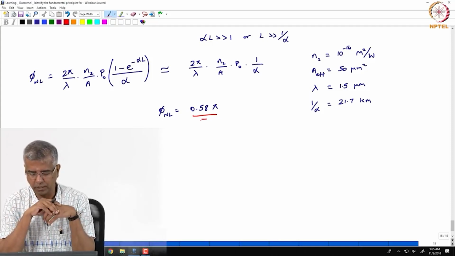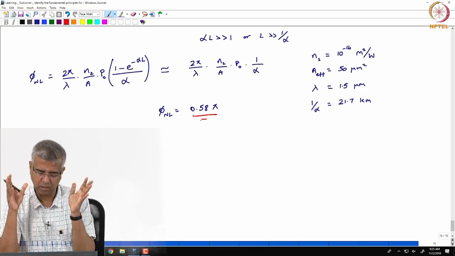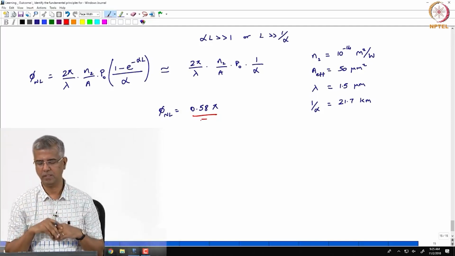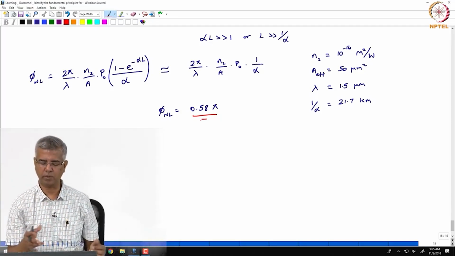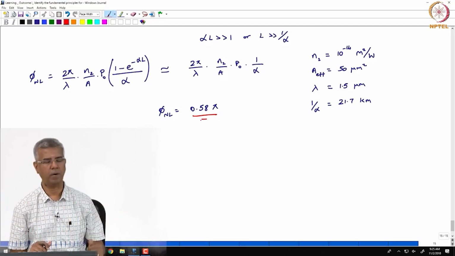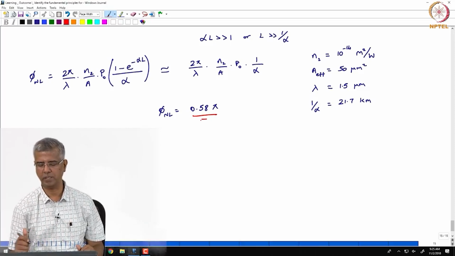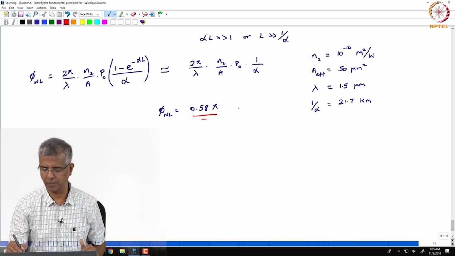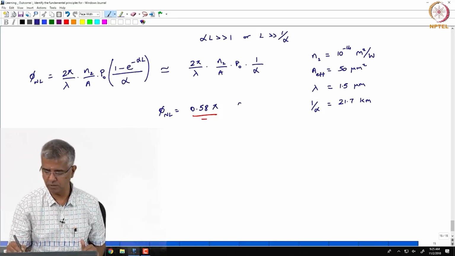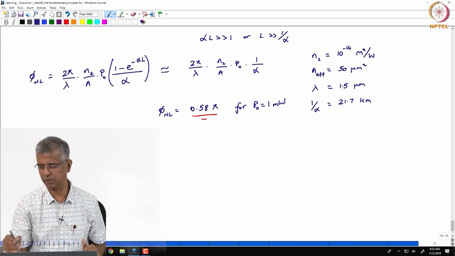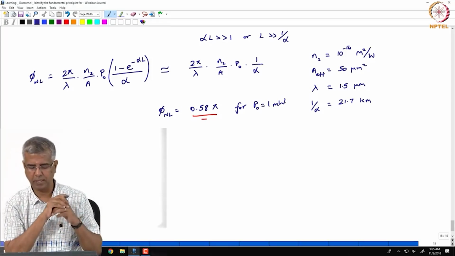In fact, in communications, they say you can tolerate only up to 0.1 pi. So a fraction of a pi is all the phase that you can tolerate, and you can work backwards and say what should be P naught, what should be the power level that we transmit. By the way, this 0.58 pi is for P naught of 1 milliwatt, so you have to be careful about that.